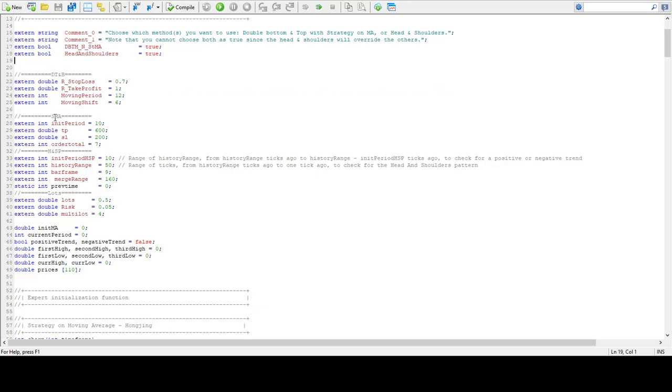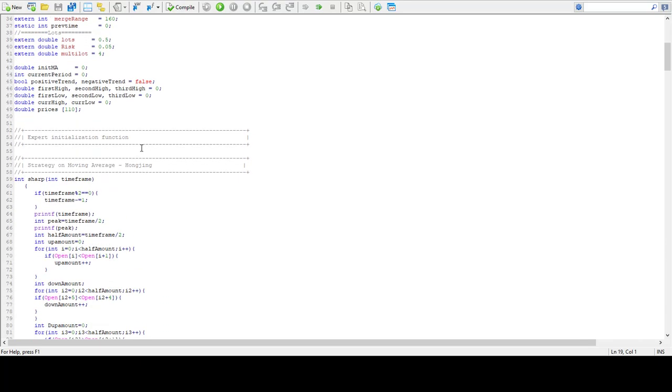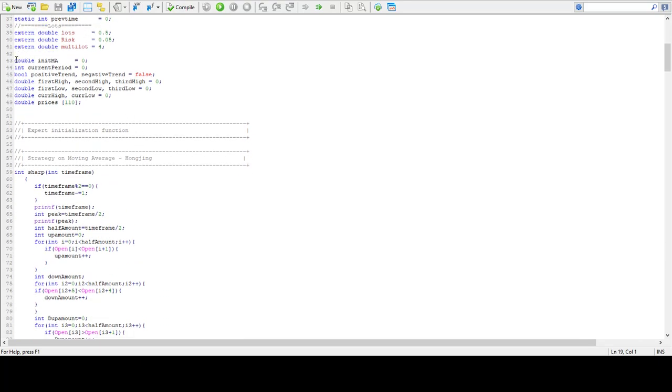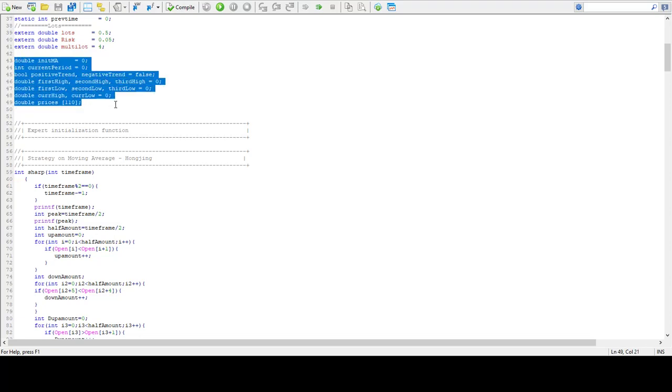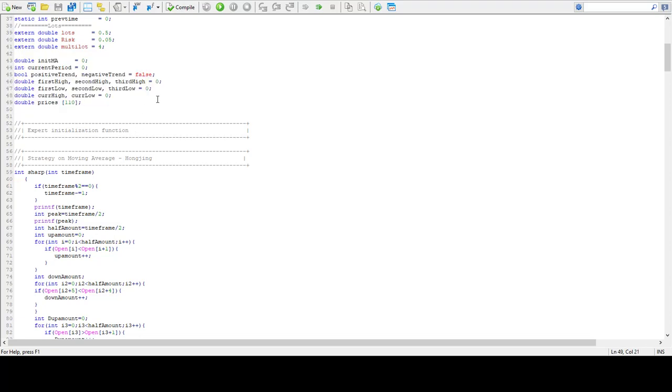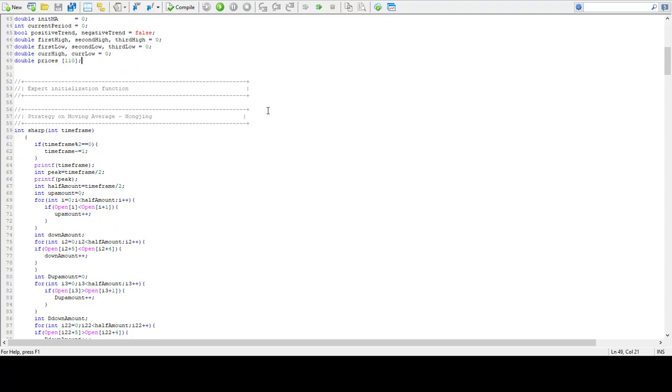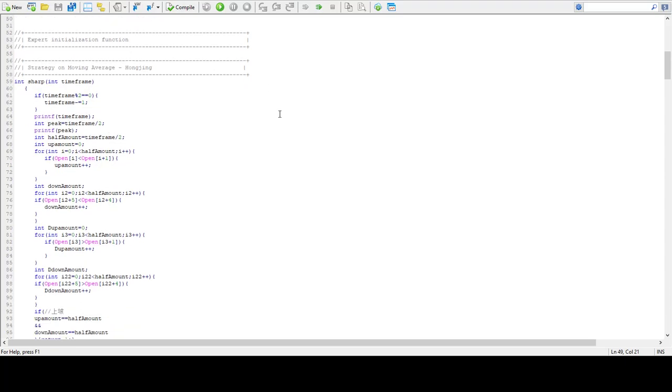Here we separated the external variables by which of the expert advisors is using them. Here we have the internal variables that are being used by the algorithms, and now we begin with an overview of each of the sections.